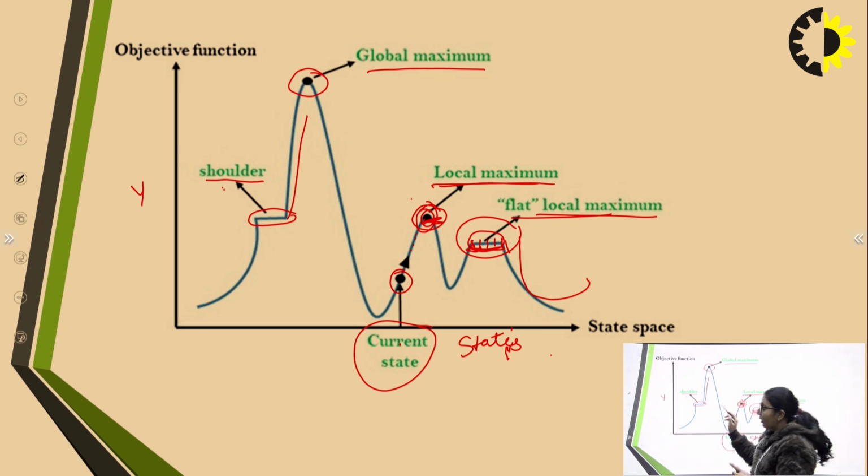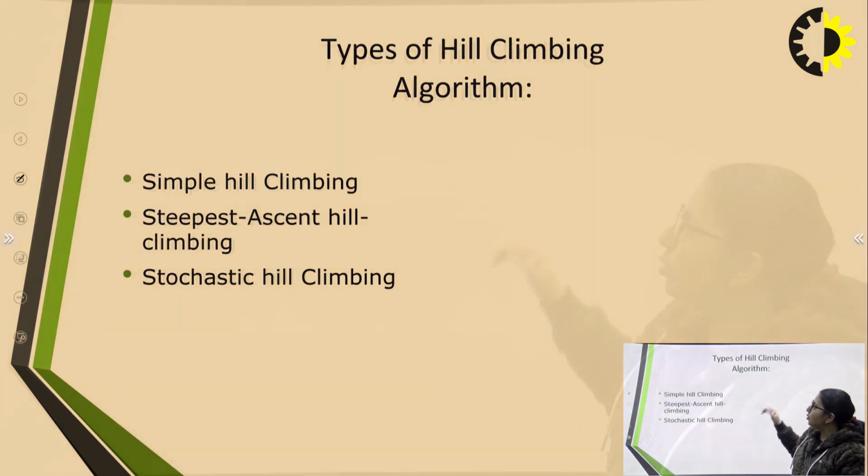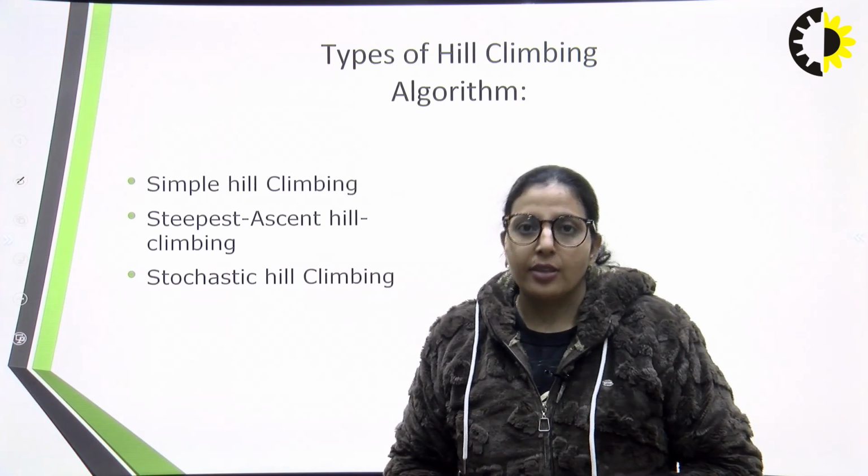But if we consider the same flat and there is an uphill, then we call it the shoulder. A few more terms I will explain later. We will study different kinds of hill climbing algorithms in my next video lecture. Thank you so much.